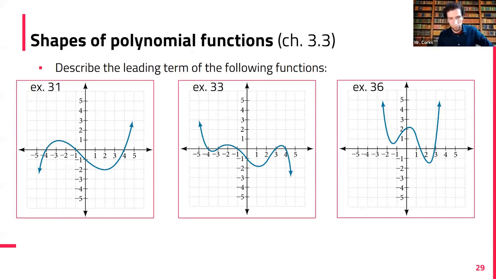So looking at these three graphs, we see lots of local minimums or maximums. Tell me if you see any global minimums or maximums. Exercise 36, a global minimum, turning point.